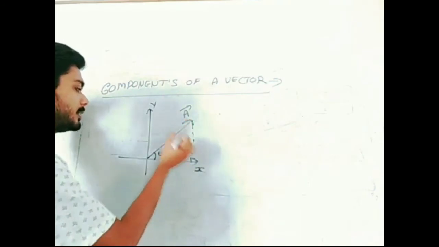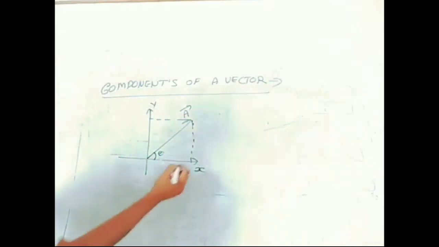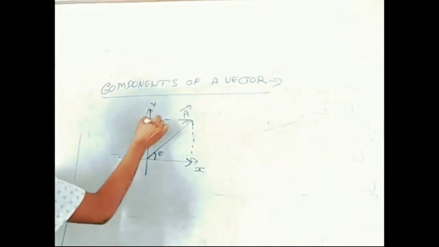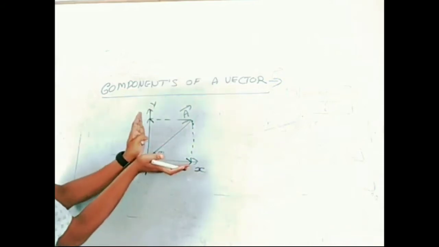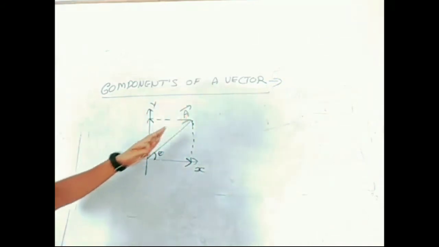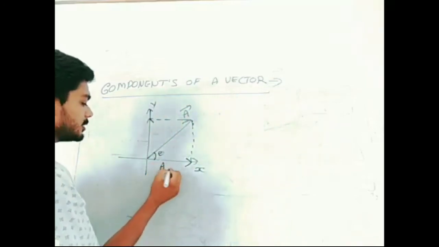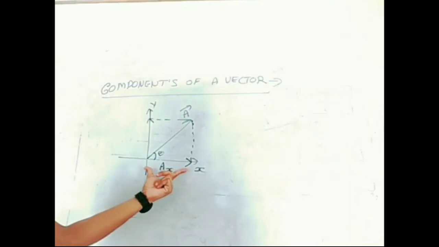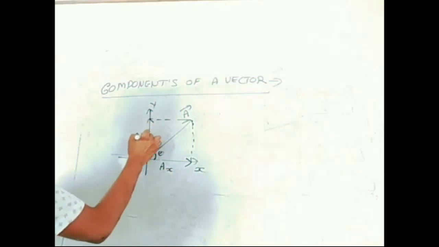Then if you join these two lines, we get the parallelogram law. The parallelogram law says if two vectors are the adjacent sides of a parallelogram, then the diagonal will be the resultant. Here the x part along the x-axis is ax, and the y part along the y-axis is ay.